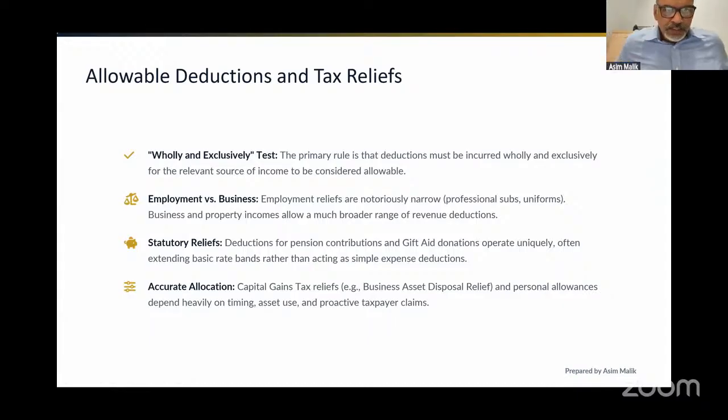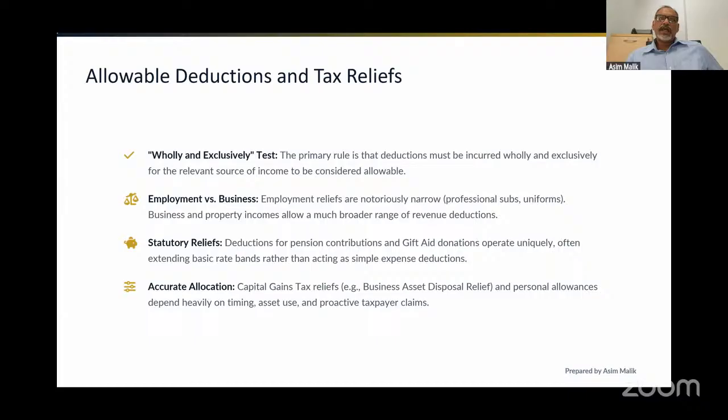I thought I'd probably just tell you about that one. In terms of what can be put down to partnership accounts or self-employment, there's a statutory test called wholly and exclusively.